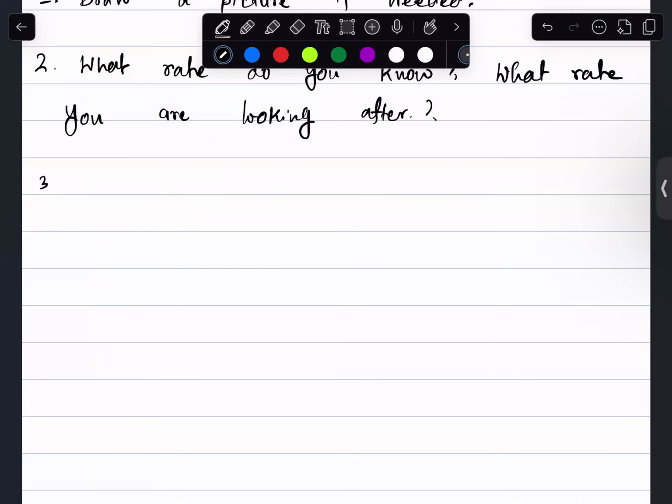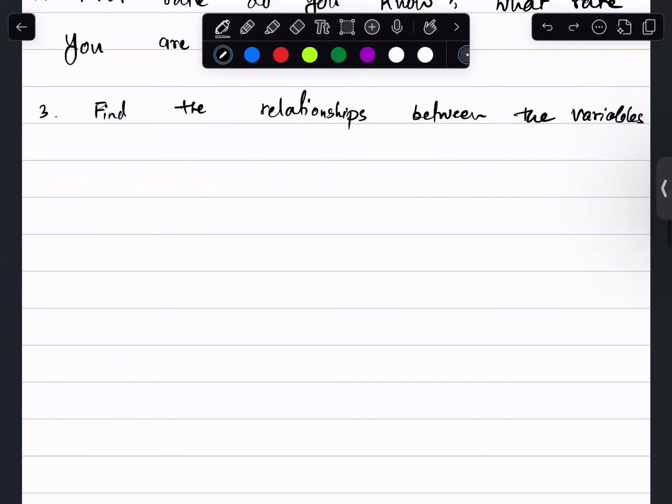Okay. Next step is to find the relationships between the variables, and then you differentiate the equation of the relationship.